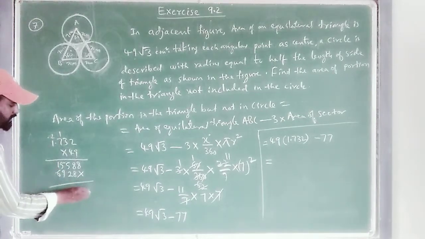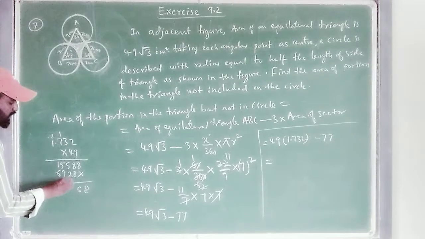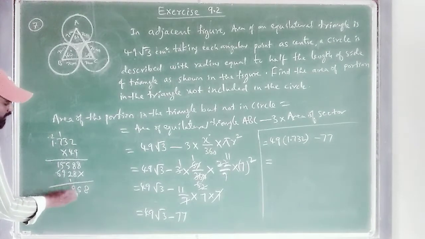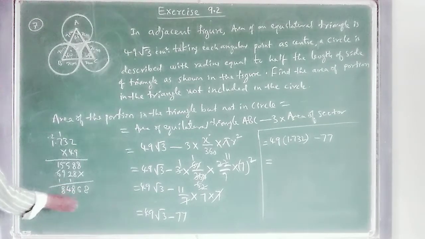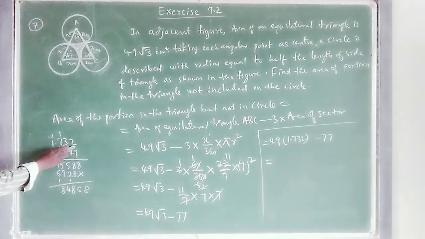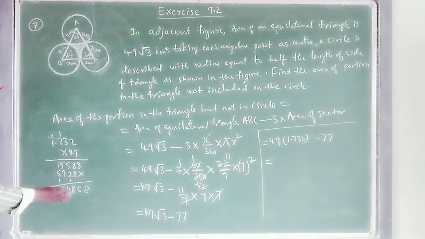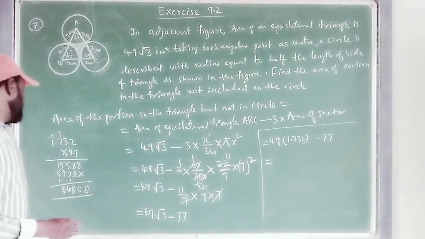Adding this, we get 84868. The decimal point is after 3 places from the right-hand side. That means 84.868.